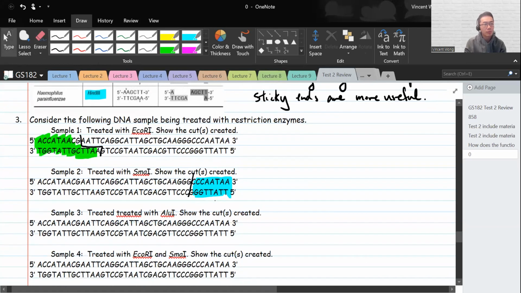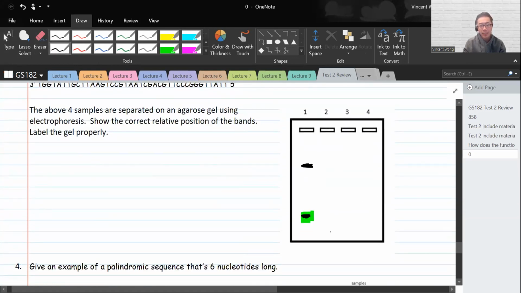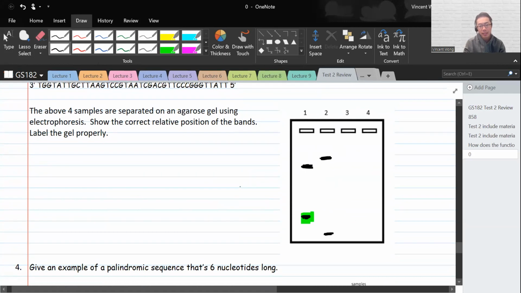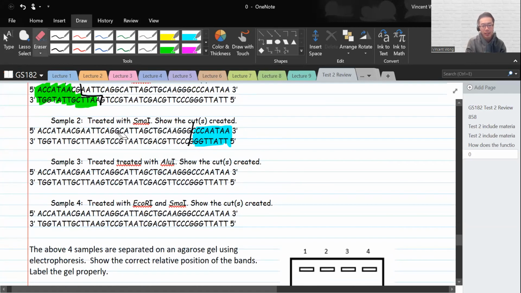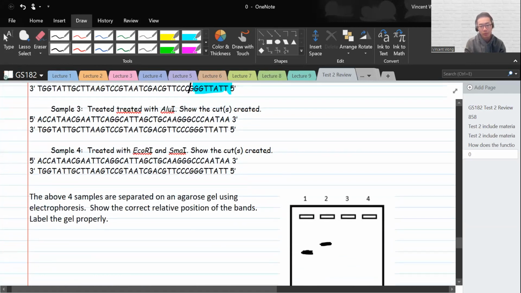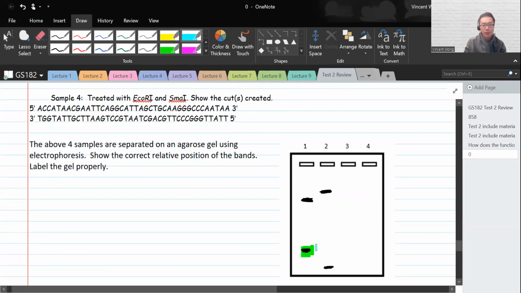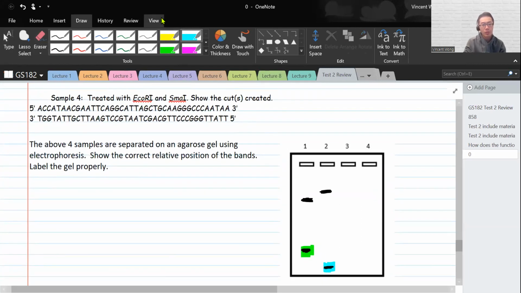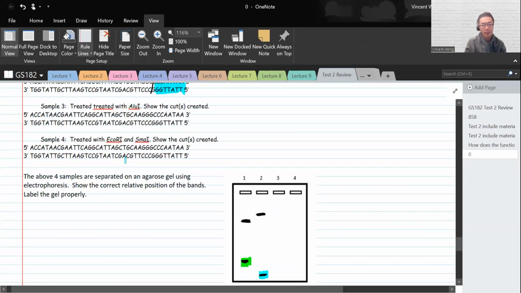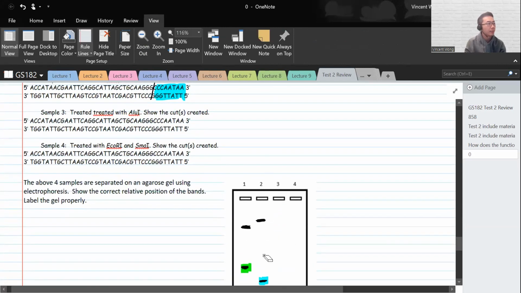So in the second lane, you're going to have one that's further down, and one that's a little bit higher up, because if the blue one is shorter, then the other one is going to be longer than the first one as well. So there you have it. These are the two bands that you will get for the second lane.